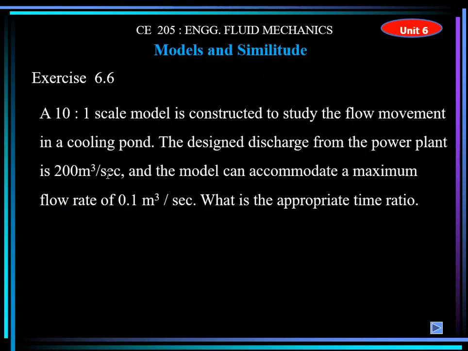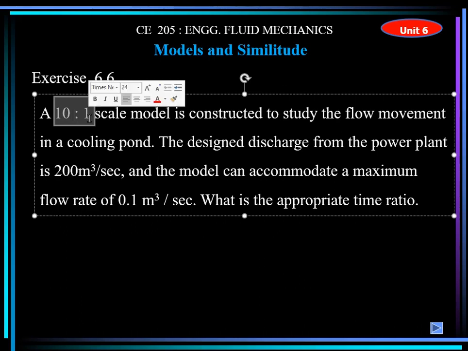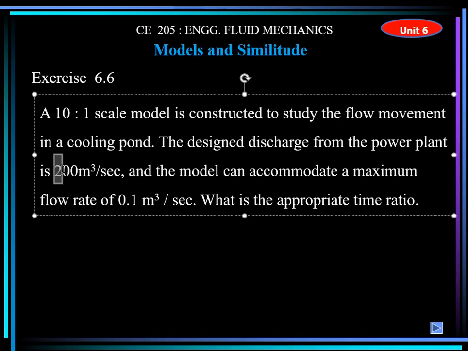For example, in this case you see that a 10:1 scale model is constructed. So LR, the length ratio, is given to us. Studies are going on of the flow movement in a cooling pond. The design discharge from the power plant is 200 cubic meter per second. This is the actual flow from the power plant, so it is QP, the prototype.